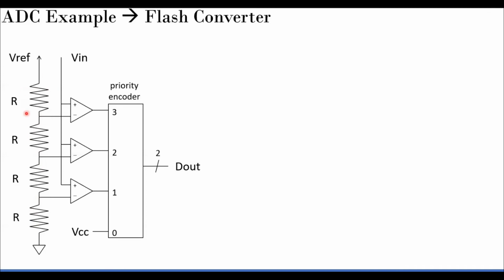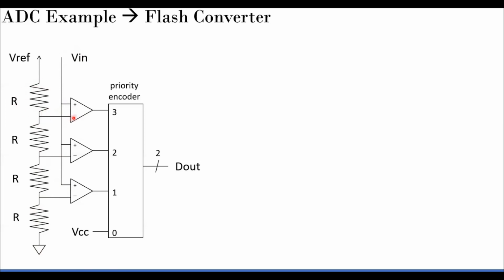So this is one level, which is highest, next highest, next highest, and this is sort of the ground level. Let's see how it works. An input voltage comes here and is given to these 3 comparators. It will check against the corresponding reference values. Let's say this input voltage is greater than or equal to this value.